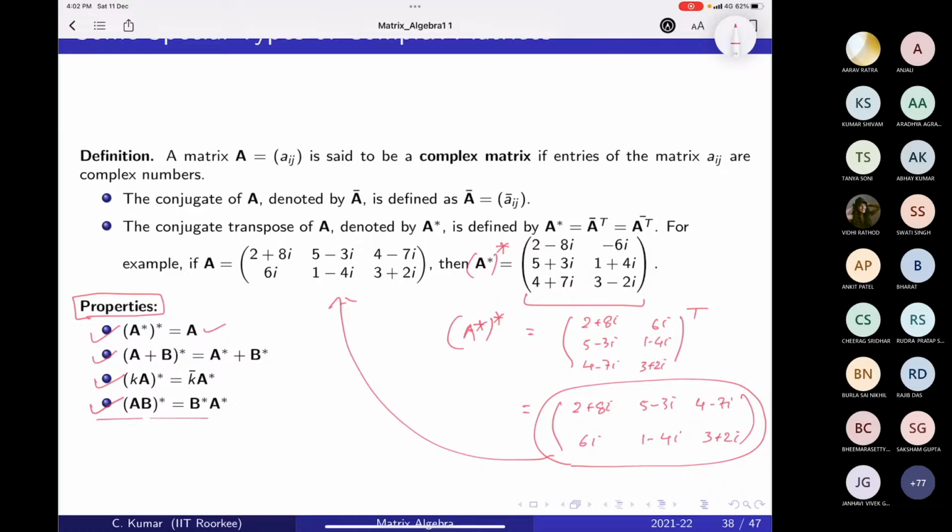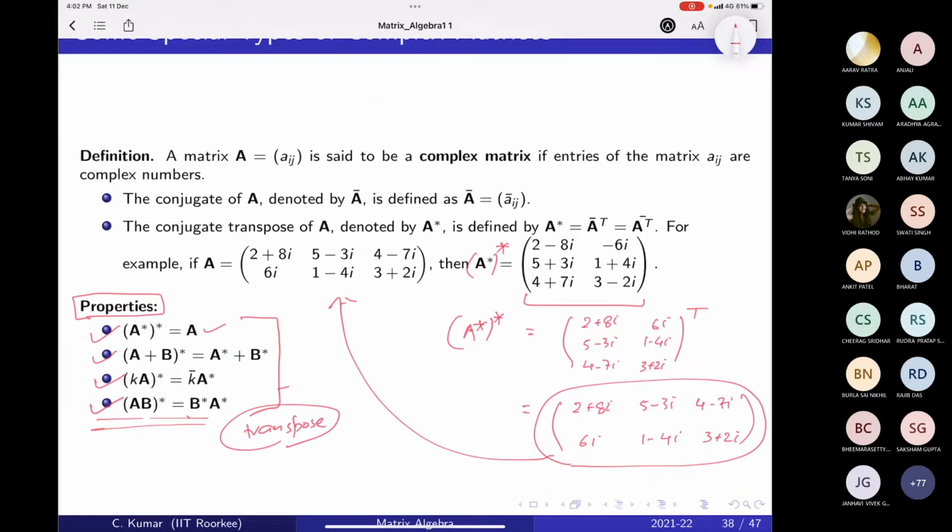Okay, so the proof is similar to the transpose. So basically, we have a matrix, and we have the transpose of a matrix. This is for the real matrices. For the complex matrices, the corresponding concept is the conjugate transpose.